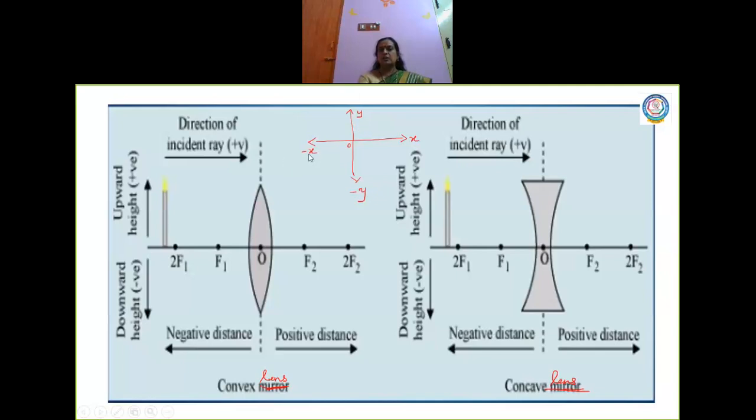Whatever you measure along the negative values, from 0 to minus x, is the negative x-axis, and here it is the negative y-axis. Okay, you have to remember this.